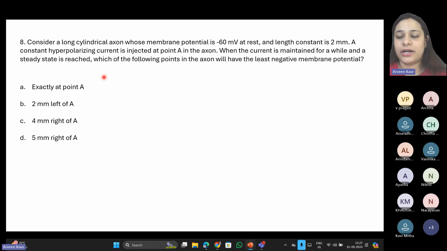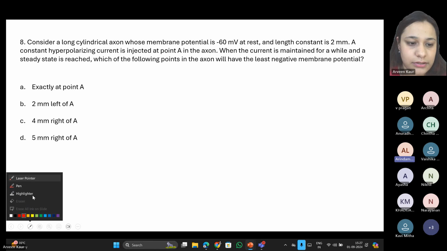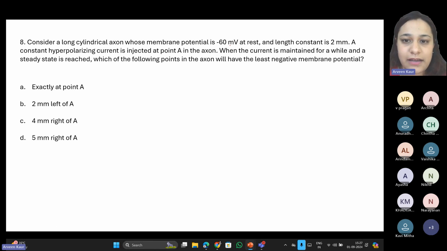I hope you all have gone through the question. Now let me break the question down for you. What are the pointers that they have given to us in this question? One is that the axon is at resting membrane potential, minus 60 millivolt.